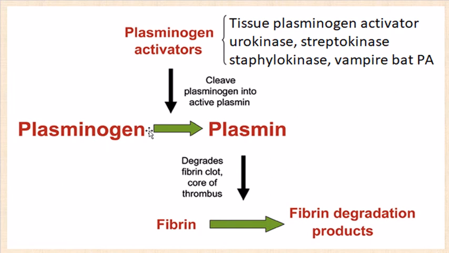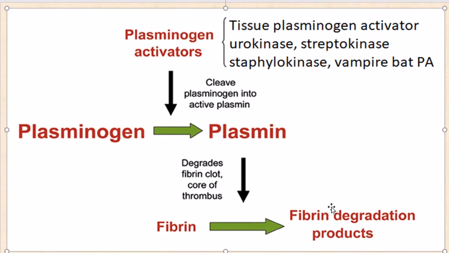Once plasmin is formed, it degrades the fibrin clot into very small fibrin threads, which are called fibrin degradation products, FDPs, which in themselves antagonize the action of thrombin.